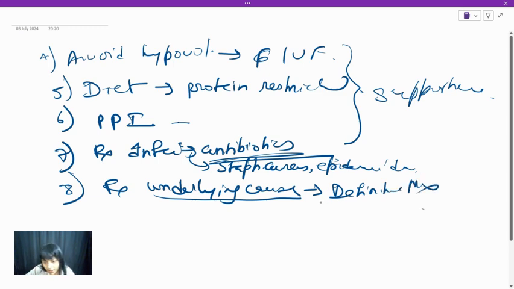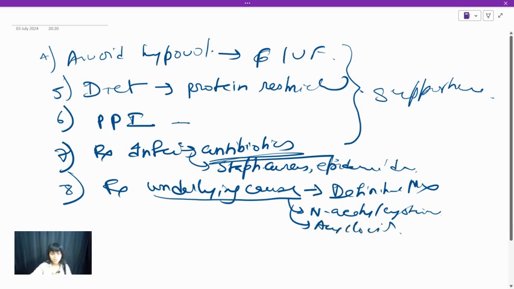And suppose the child had acute liver injury secondary to paracetamol poisoning, then you have to administer what? N-acetylcysteine. If it was secondary to HSV, then you have to administer acyclovir. So this way you need to treat the underlying cause.